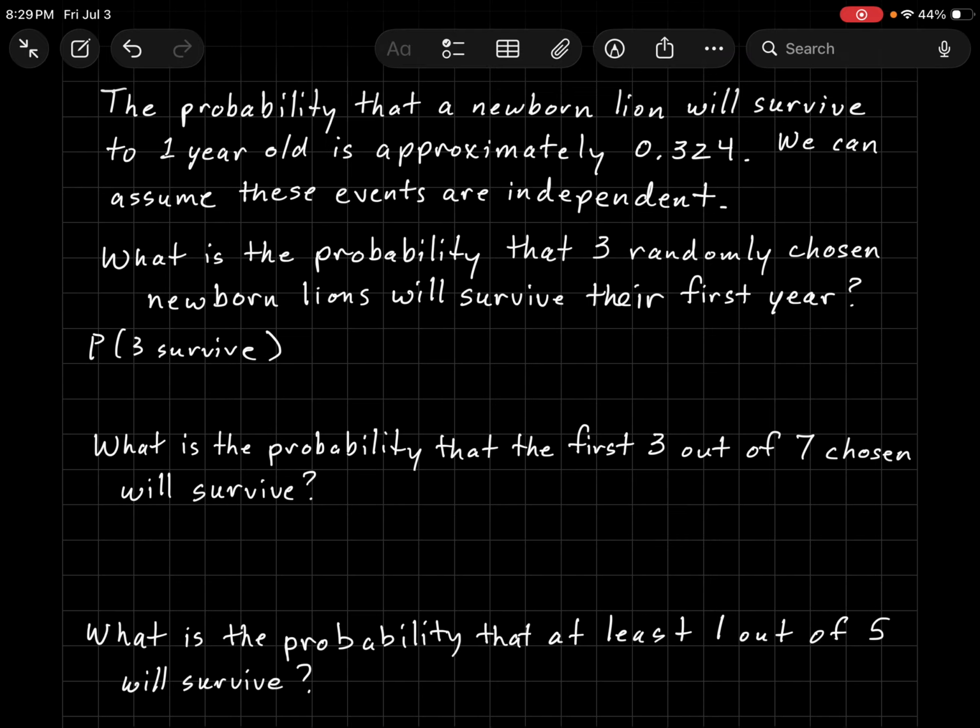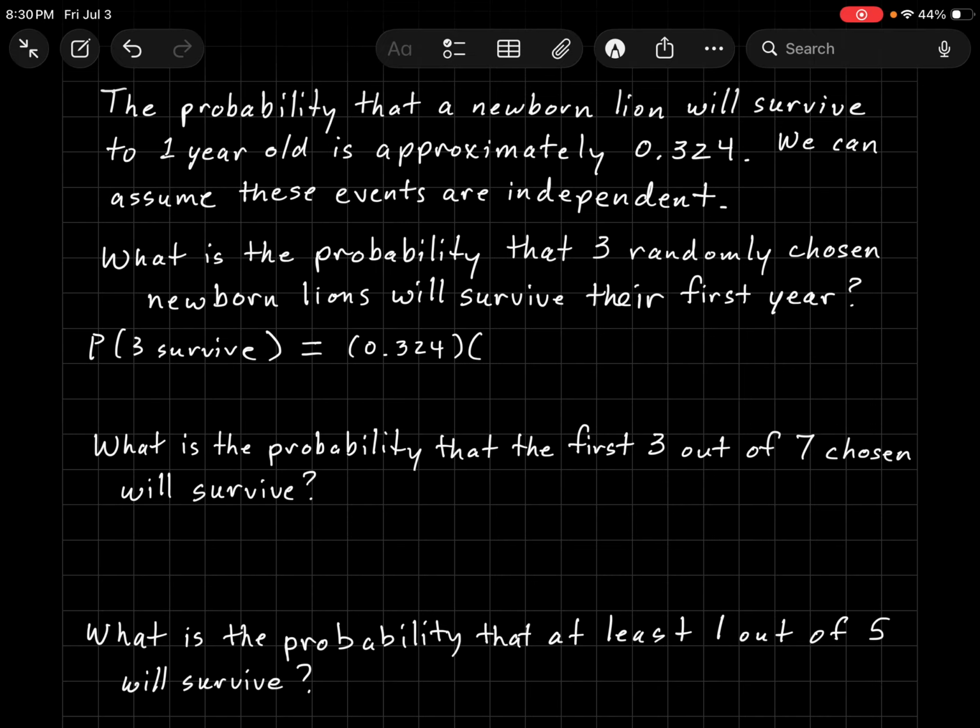Do we have multiple events? Are we choosing multiple things? Of course, I tell you plainly 3 things, which means we should multiply 3 things together. So the probability that 3 survive is the first one and the second one and the third one survive. We're multiplying. So the probability that the first one survives is 0.324.